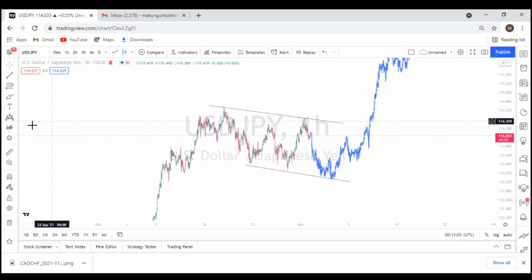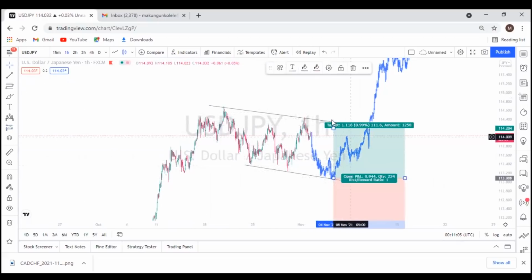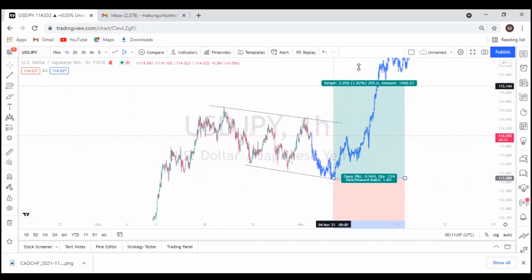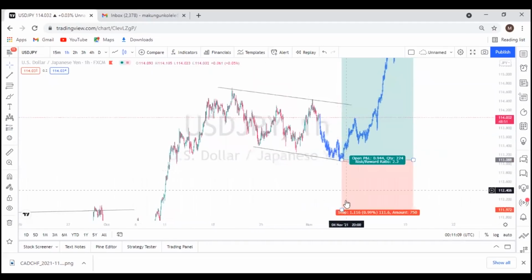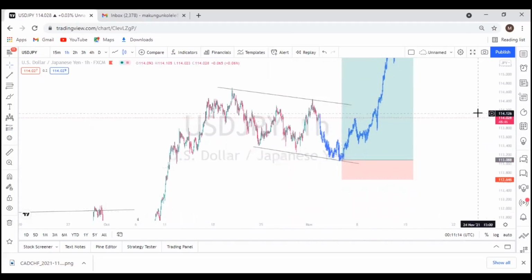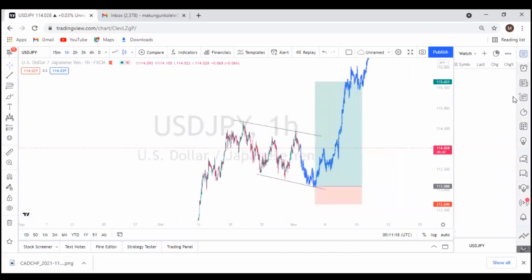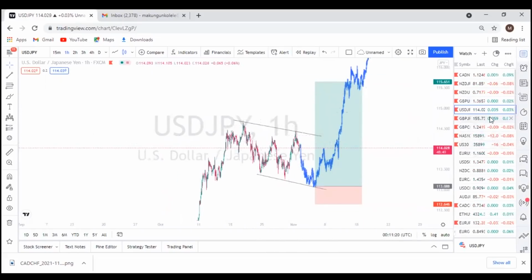So we can go long with this one. Just like that. Hopefully it plays out soon. So that was USD Jpy.